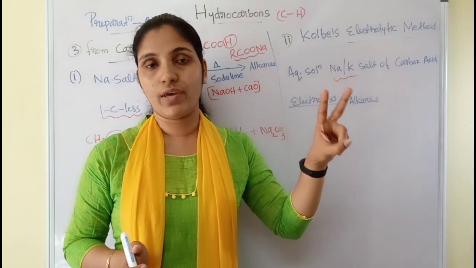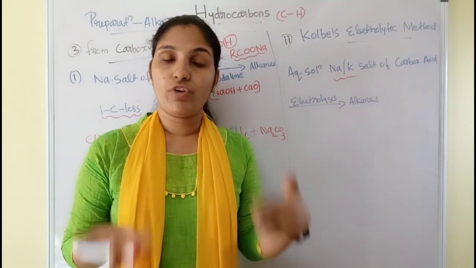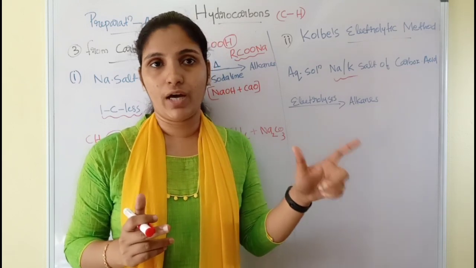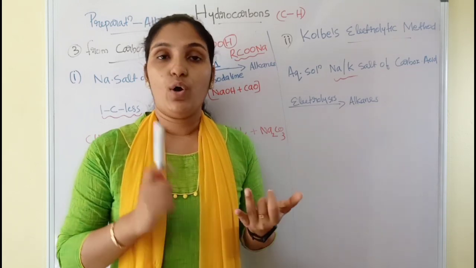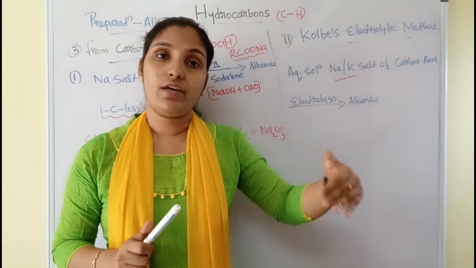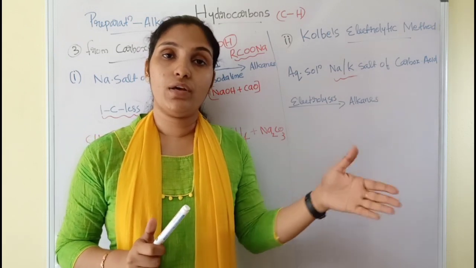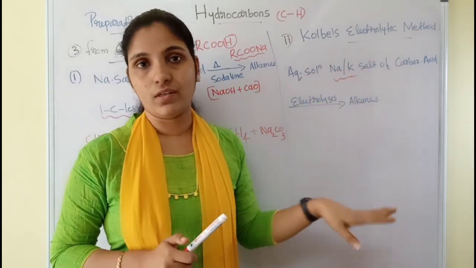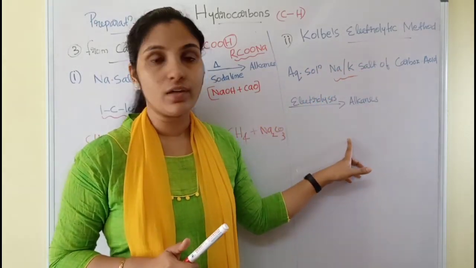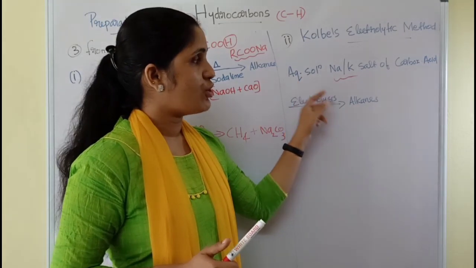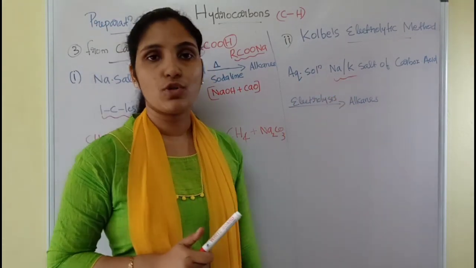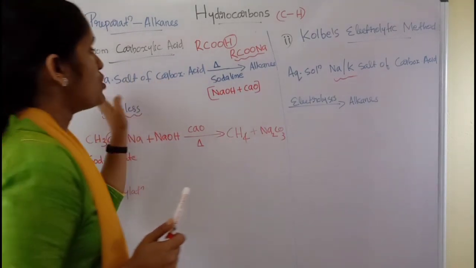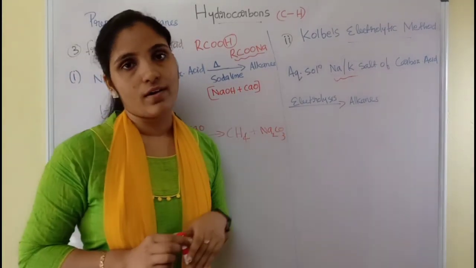So please connect both reactions. In Kolbe's method we can prepare alkanes, but only those with an even number of carbon atoms, like ethane, butane, hexane, etc. That is the limitation of this method. But here an aqueous solution of either the sodium or potassium salt can be used, whereas in the first method we can use only the sodium salt of carboxylic acid.